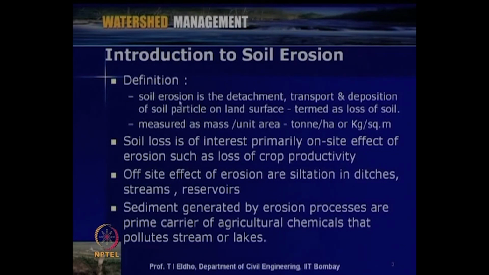Soil erosion is one of the major problems in most watersheds, and today we will be discussing the important aspects and various issues as far as soil erosion is concerned, what the causes of soil erosion are, and how we can control soil erosion.